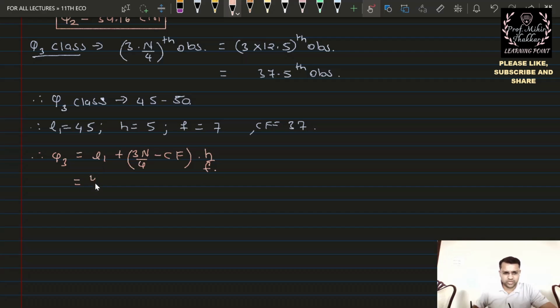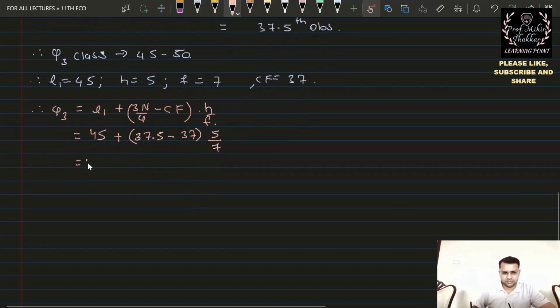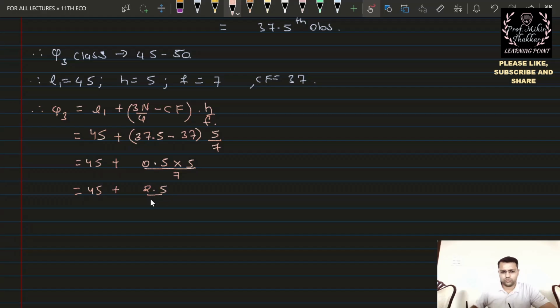Now what is the lower limit? It is 45. 3n upon 4 we have taken as 37.5, minus the cumulative frequency which is 37. H over here is 5 and frequency is 7. So when you solve this, you will get this is equal to 45 plus 0.5 multiplied by 5 upon 7. So 45 plus 2.5 divided by 7.